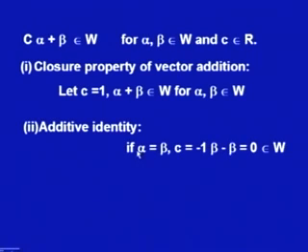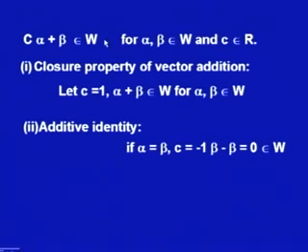Let us see the second property, additive identity. Here if alpha is equal to beta and if C is equal to minus 1, if you consider this, then in this property, beta minus beta is nothing but the null vector.